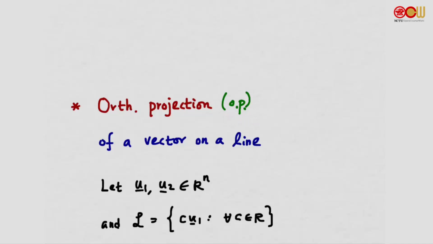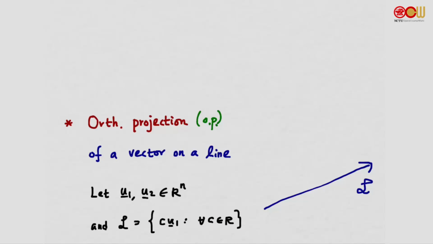Suppose we have a U2 vector in Rn, and L is the line formed by this U1 vector. So let's say we have this U1 vector, and we have U2 vector. Let me draw it a little bit nicer. U1 vector here, and from this U1 vector we have this line L, and we have U2 vector here.